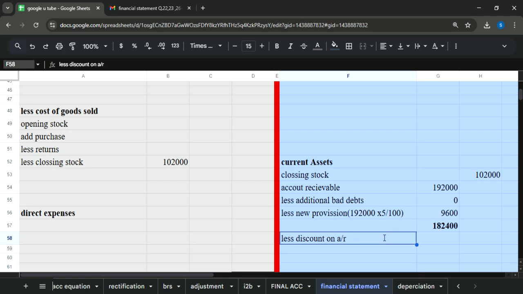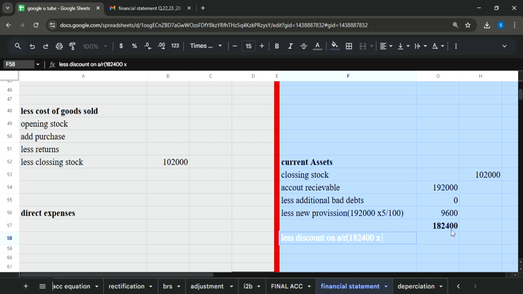Here the point to be noted, you will calculate discount on account receivable on the final amount. Please note very carefully, you will not be calculating this percentage upon original debtors.